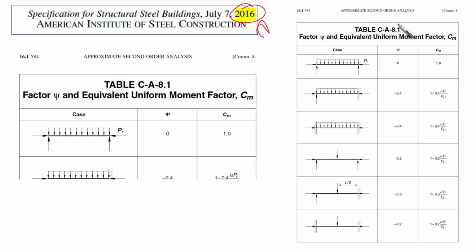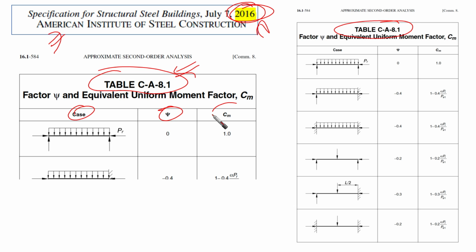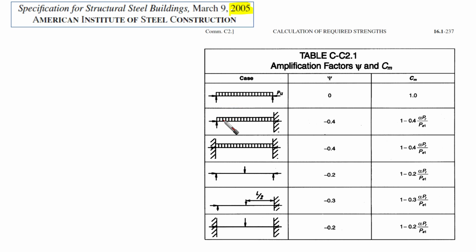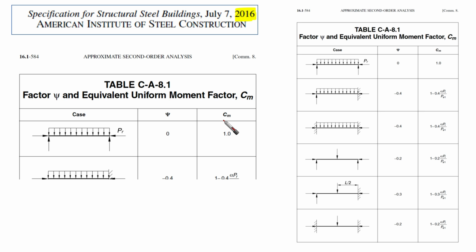I found this in table C-A-8.1. This is the name of the table, you can find it in 2016. And also you are going to find the same case and this parameter, and then Cm is going to be calculated or given to you. It is similar to this. They are almost similar, but only the title or the name of the table is different between 2005 and 2016.